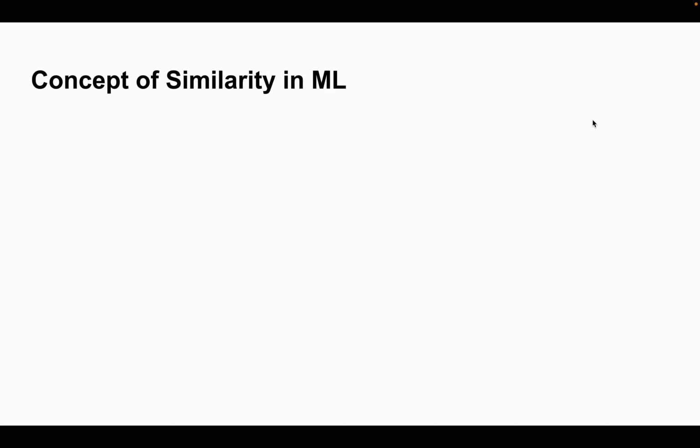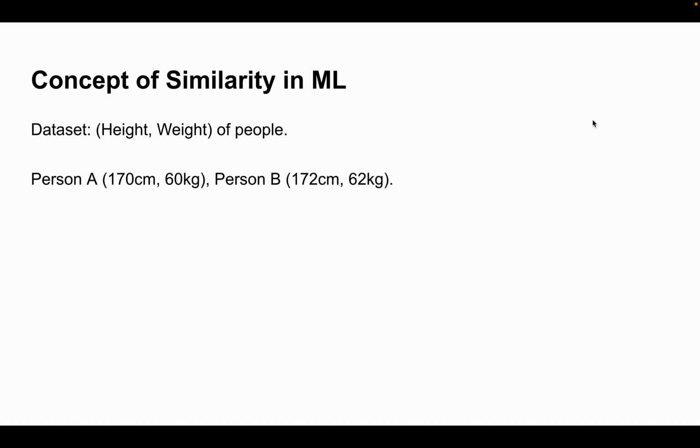And then finally, there is the concept of similarity. So let's say there is a person A who is 170 centimeters in height and 60 kg in weight, and a person B has 172 centimeters height and 62 kg of weight.